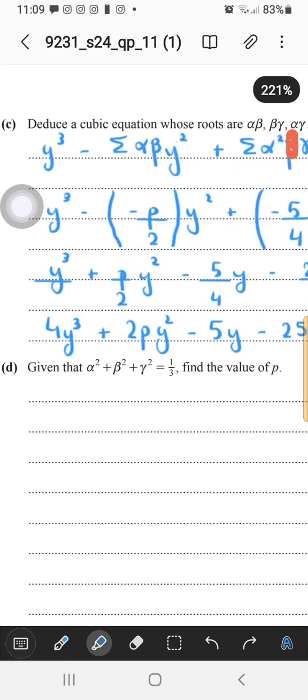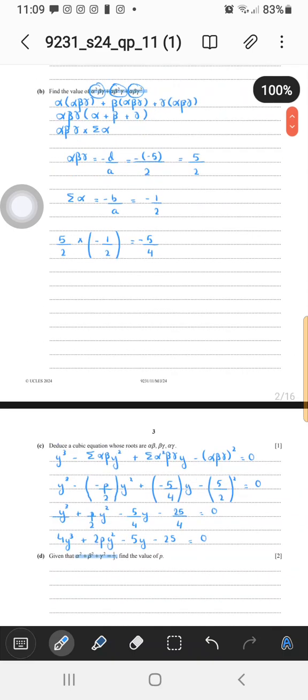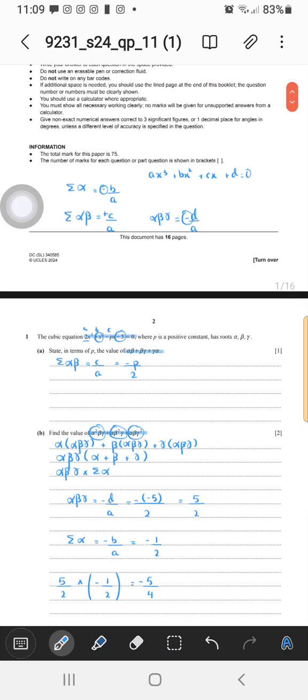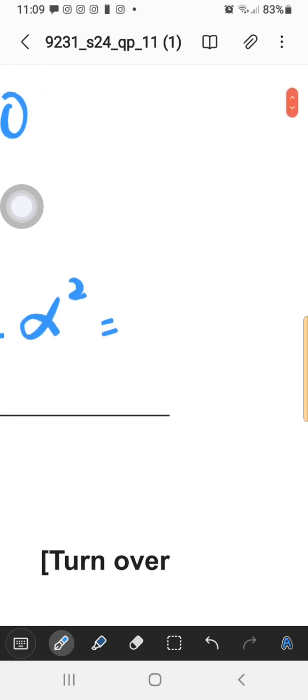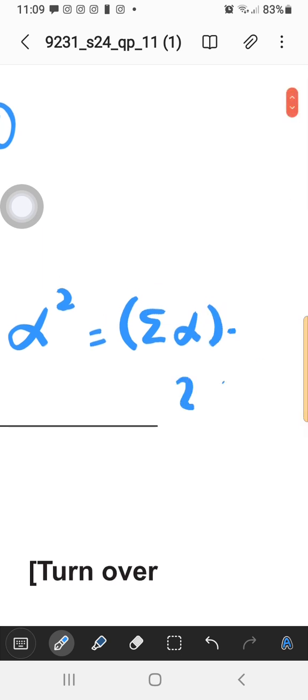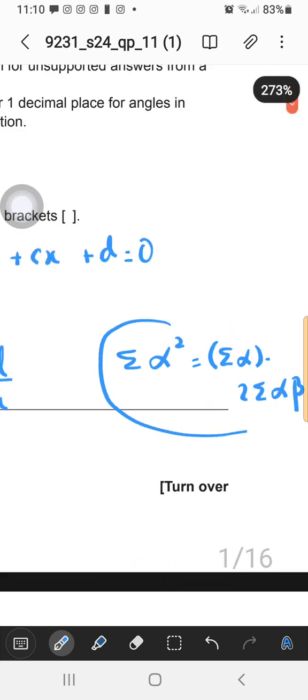Now we have to find the value of p, and the sum of alpha square, beta square, gamma square is 1/3. Okay, so what I have to do, yeah, one more formula, I think I didn't tell you here. There is one more formula, that the sum of alpha square equals the sum of alpha whole square minus 2 times the sum of alpha beta. Okay, so this is a general formula, we have to memorize it.